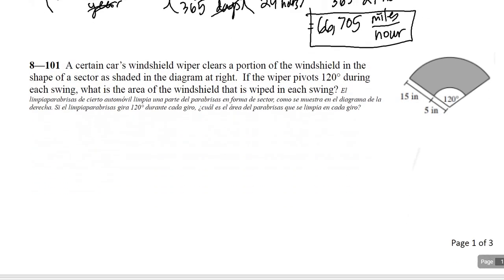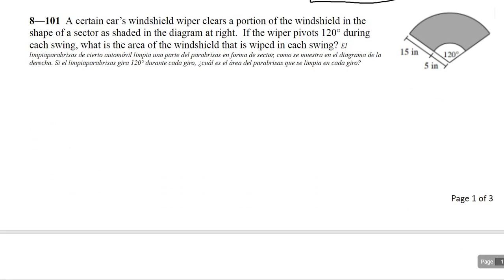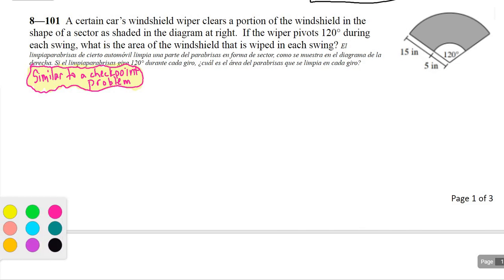Okay, next problem. This problem is very similar to a checkpoint problem. A certain car's windshield wiper clears a portion of the windshield in the shape of a sector as shaded in the diagram at right. If the wiper pivots 120 degrees during each swing, what is the area of the windshield that is wiped in each swing?